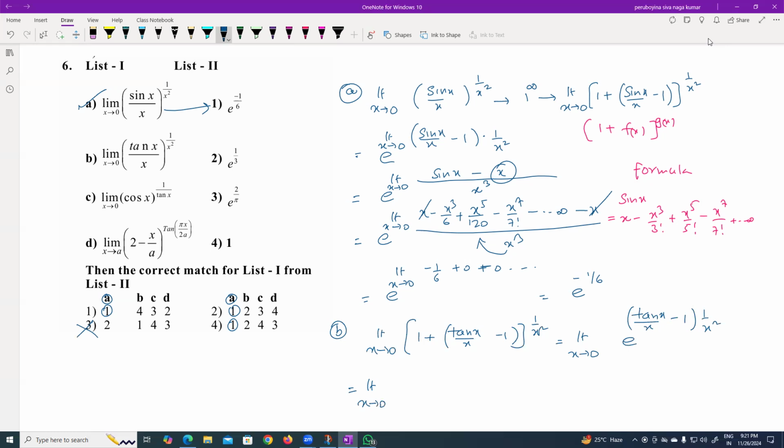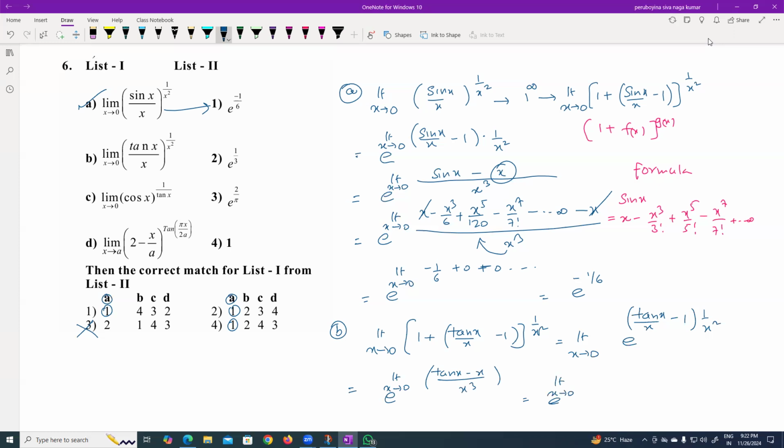So do the LCM: e power limit x tends to 0 of (tan x minus x) by x cube.